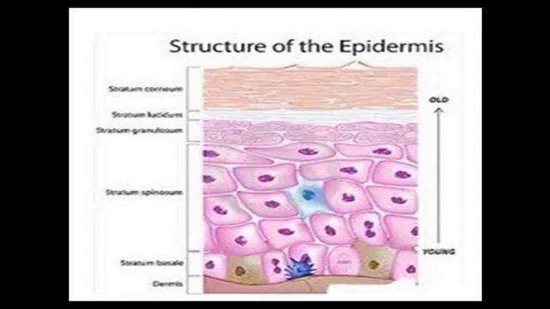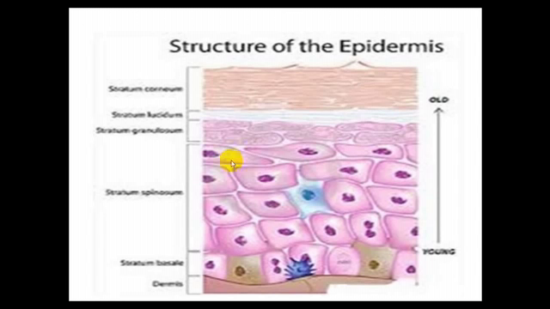The melanocytes and Merkel cells are also distributed among these keratinocytes, like this. Later we will talk about those two cells in detail.